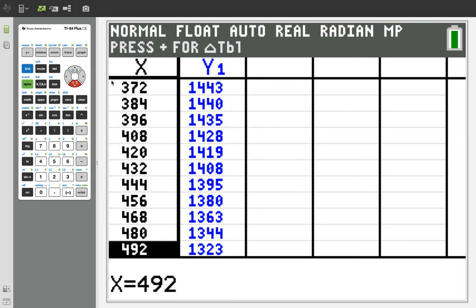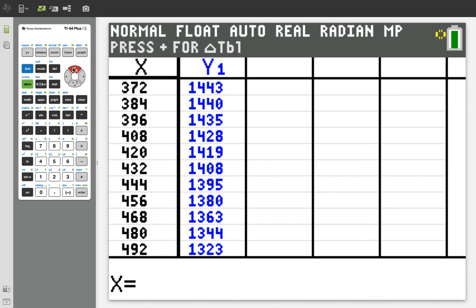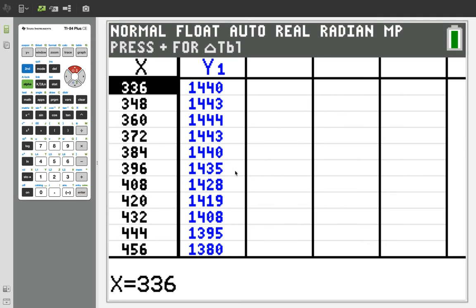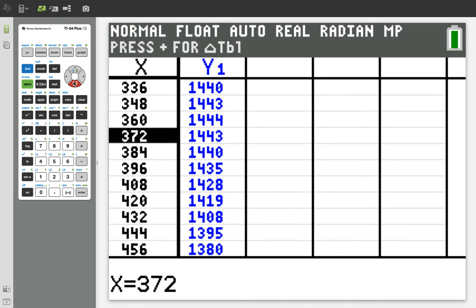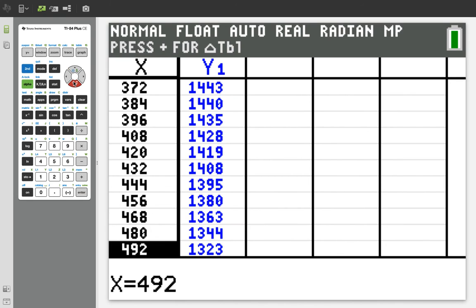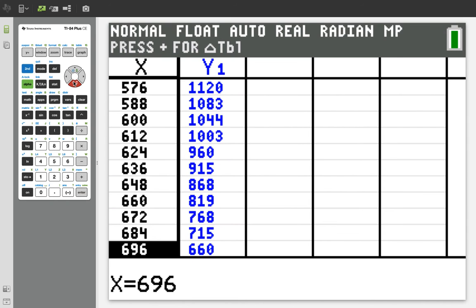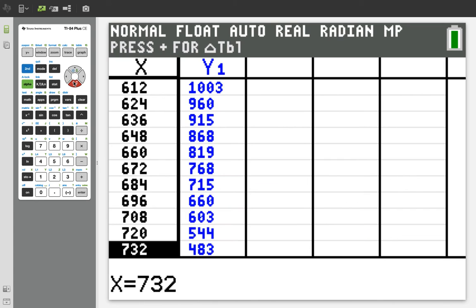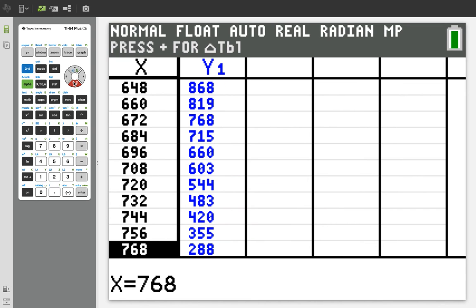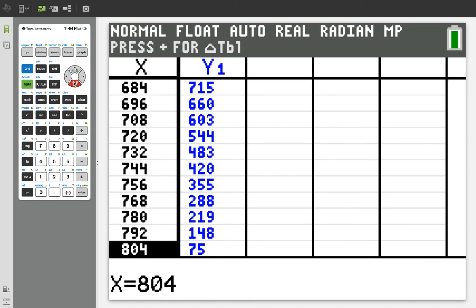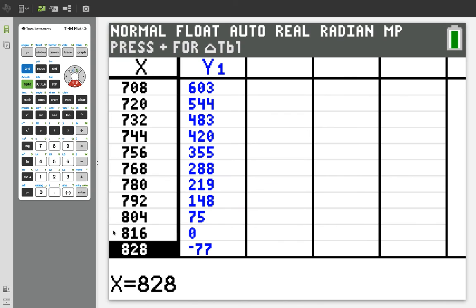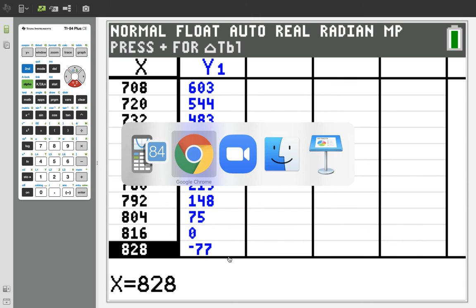It looks like 1443 was our maximum, nope, 1444 was our maximum height, and now the height starts to decrease and go down from there. So we're going to go down to where we see y is 0, because that's when it hits the ground, and it's going to hit the ground at how many seconds? And we're getting closer. Oh, there it is, 816 seconds for this missile to hit the ground.